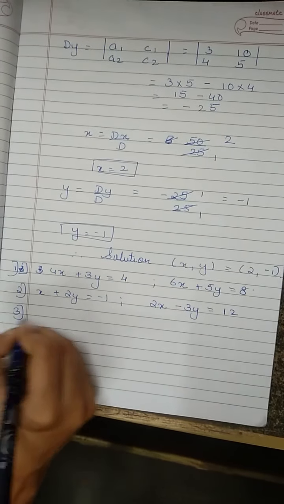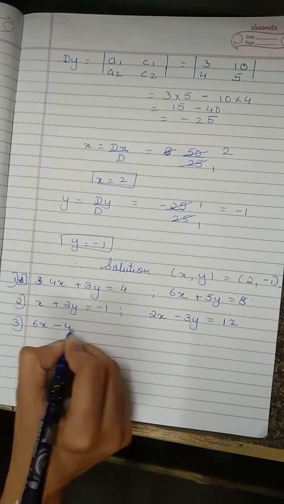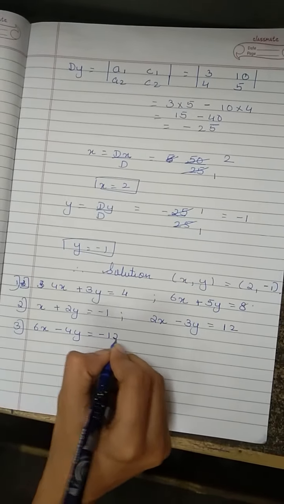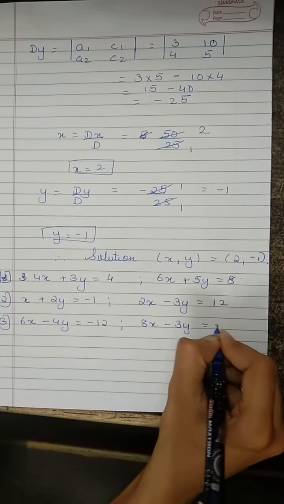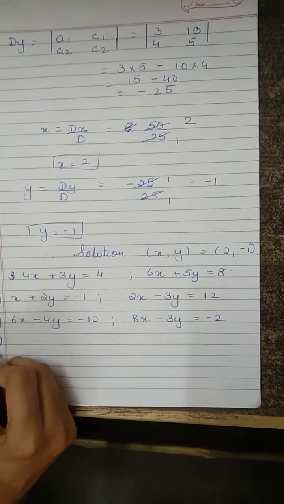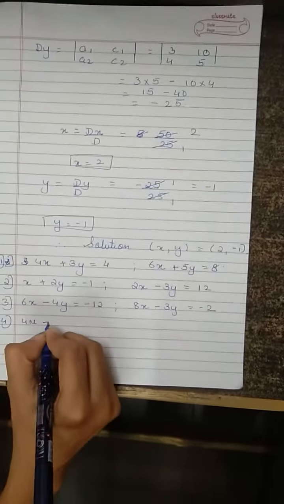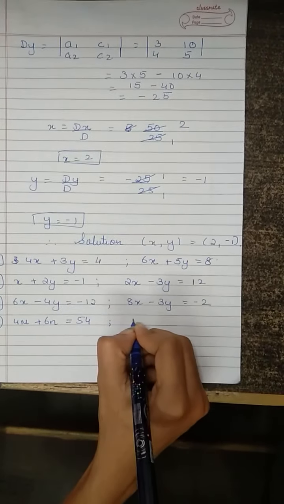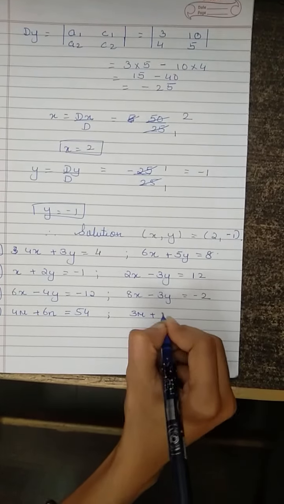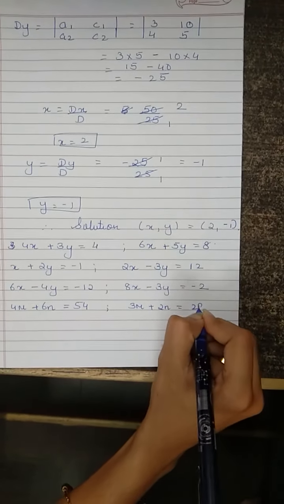Third example: 6x minus 4y is equal to -12, 8x minus 3y is equal to -2. Fourth example: 4m plus 6n is equal to 54, 3m plus 2n is equal to 28.